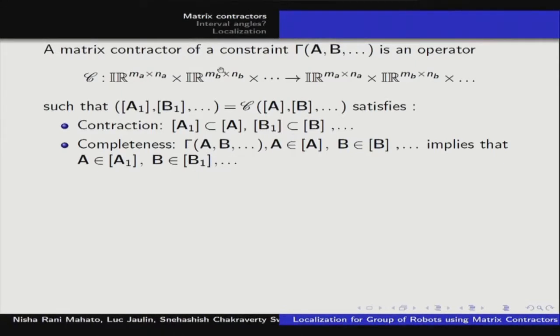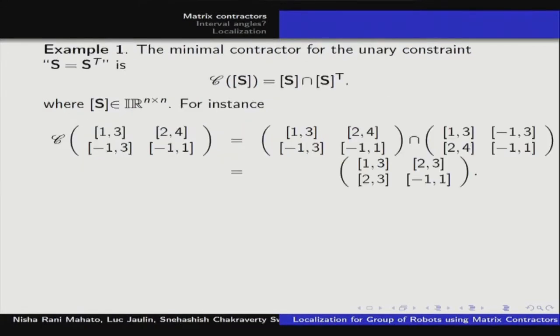Since the contractor is associated to constraints on A, B, C, and so on, I should have the contraction, but also if matrices A, B, and so on belong to the initial interval matrices, they should belong also to the contracted matrices. So it's a classical interval contractor, but as an output, I may have several interval matrices.